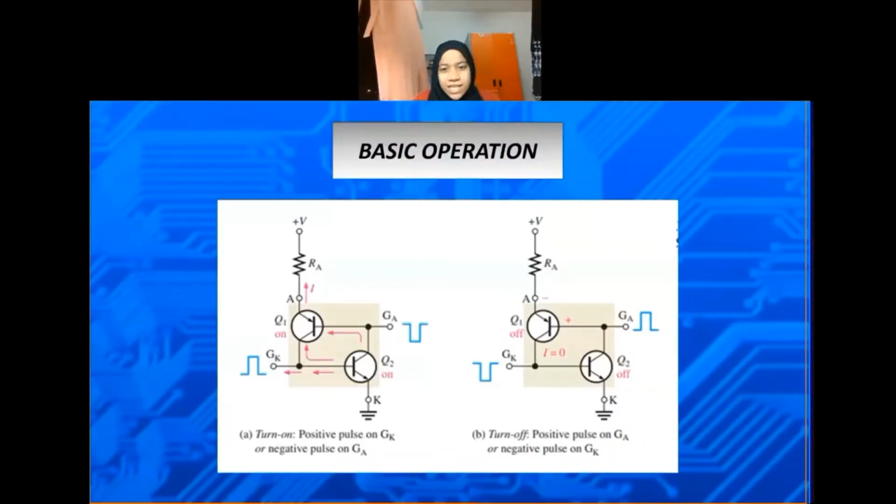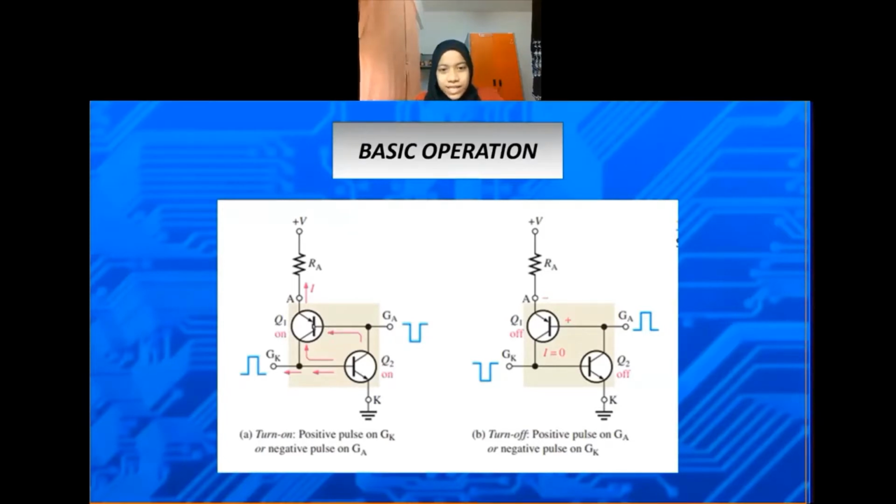For basic operation, first, if Q1 and Q2 are off, therefore the SCS is not conducting, a positive pulse on the cathode gate drives Q2 into conduction and provides a pulse for Q1 base current.